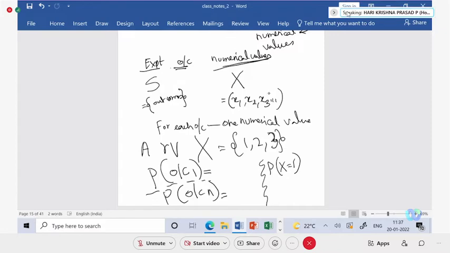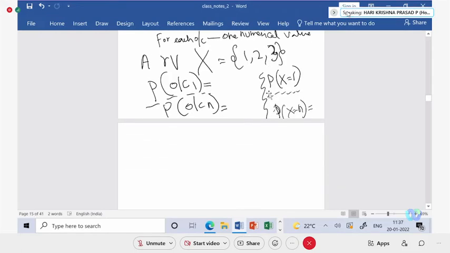It should be same as the probability of outcome 1 taking place, provided outcome 1 is mapped to numerical value 1. Likewise, what is the probability of x taking a value of n if outcome n is mapped to numerical n? By this mapping, what we said was we are mapping the outcomes on real line. All are numericals. So you can assign negative values to the outcomes, positive values as you like.